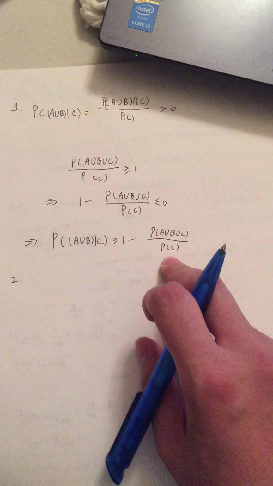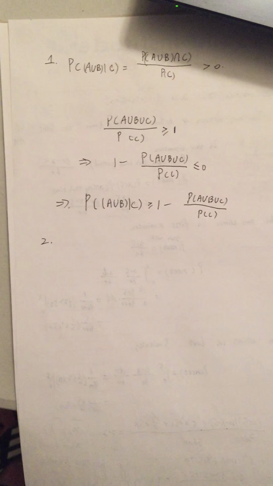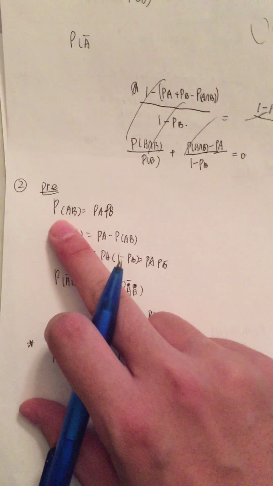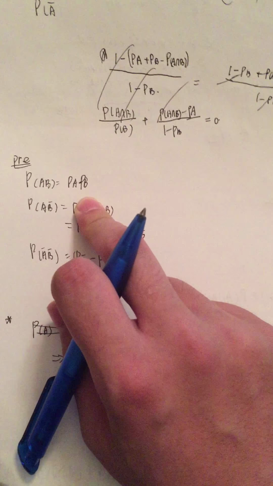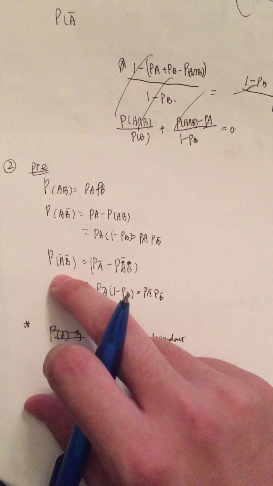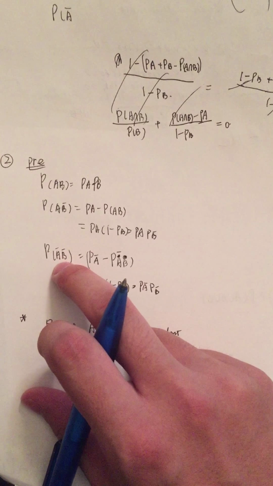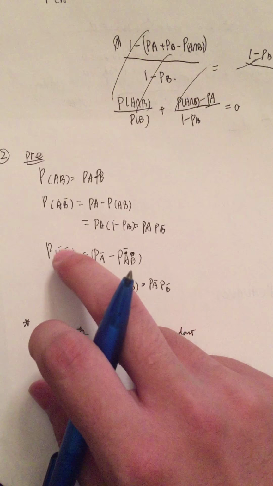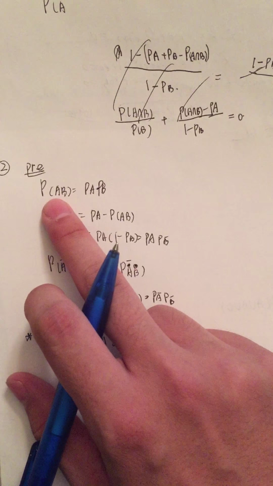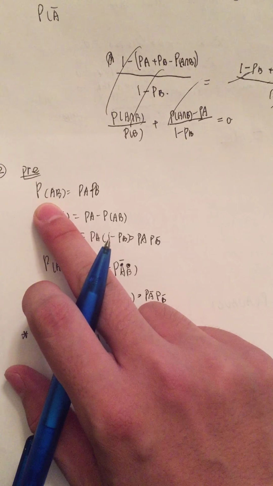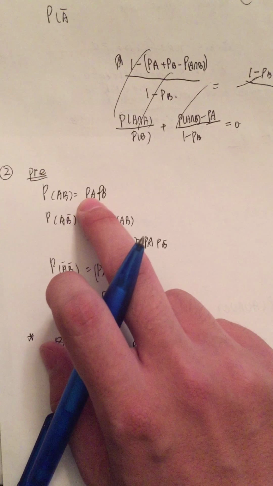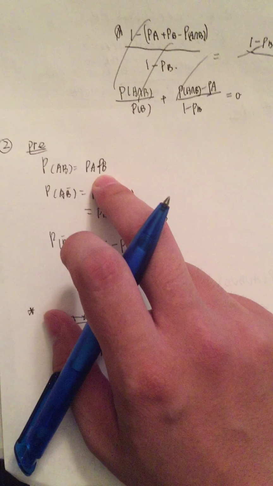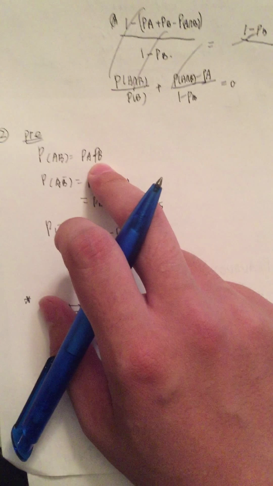For the second problem, first we prove one thing: if A and B are independent, then not A and not B are independent. The process is like this. If A and B are independent, then P(AB) is equal to P(A) multiply P(B).